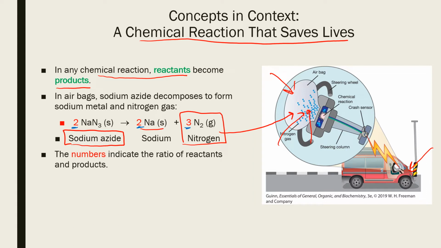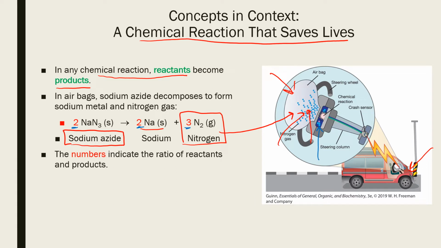It is extremely important to use the exact amount of sodium azide in the airbag to make it effective. If we use too little sodium azide, then it will not produce enough nitrogen, and hence the airbag will not be fully inflated.